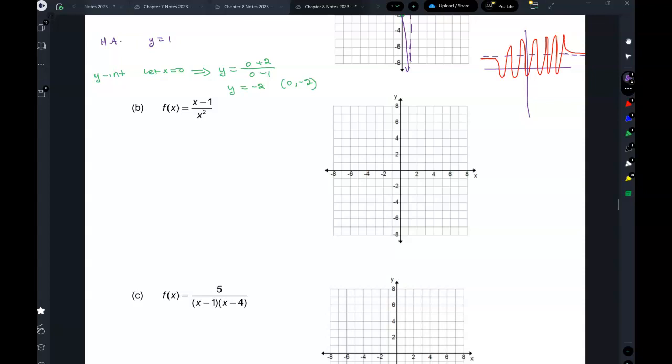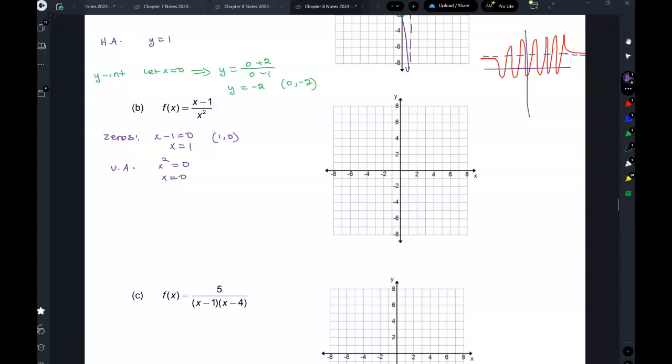Let's find the zeros. x minus 1 equals 0, so x equals 1. So it's 1 comma 0. The vertical asymptote: we say x squared equals 0, which means x equals 0.